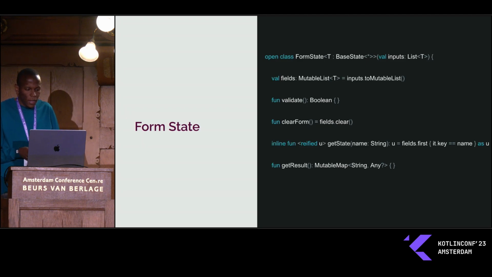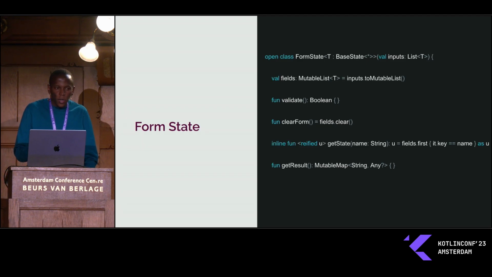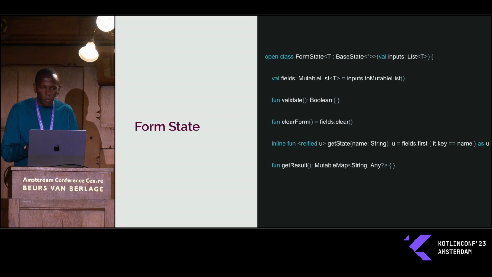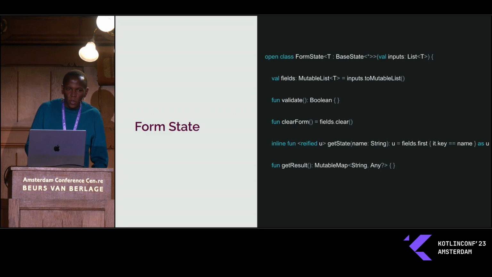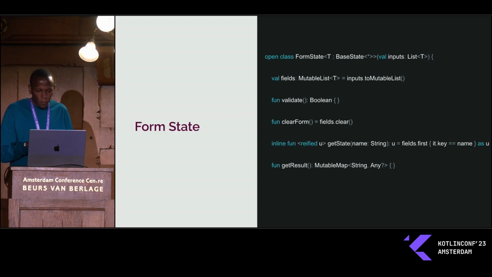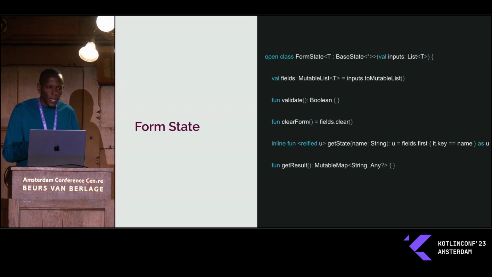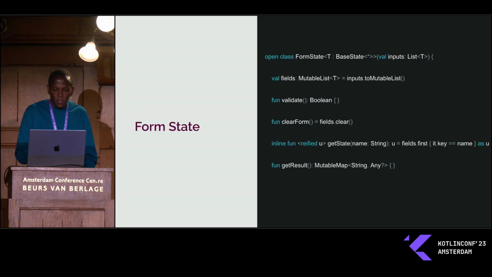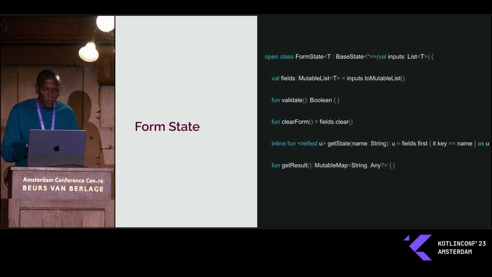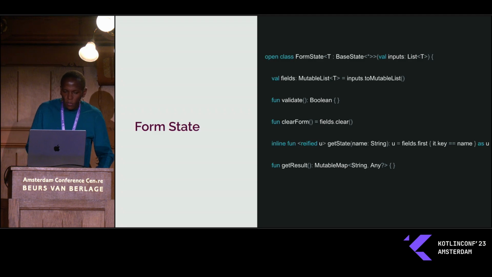So it has fields. When we are creating the state from the ViewModel, we pass in a list of fields, which we get from the form. We also have validate, which tries to validate the form to check that all the validations have passed, because apart from validating a single input, we have to do the validation for the whole form to make sure nothing is missed.